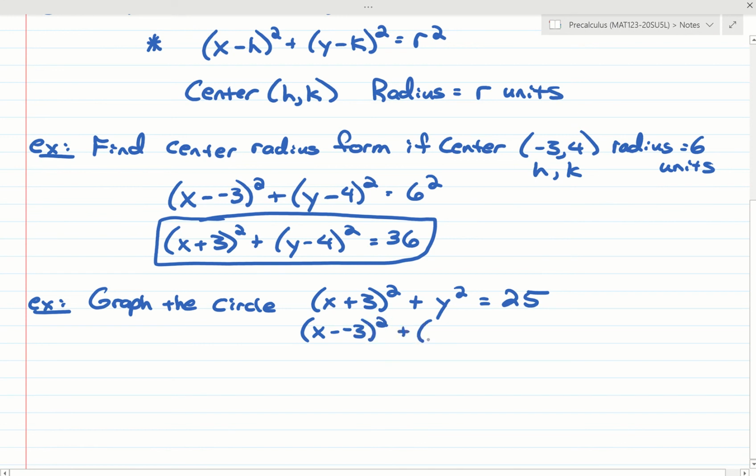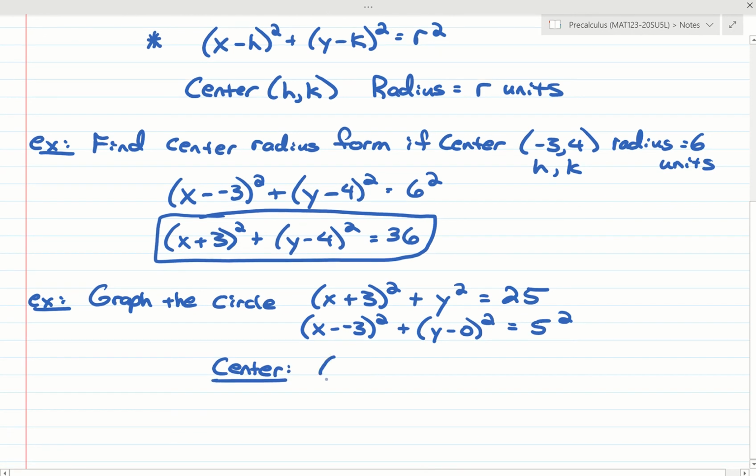And if the y is by itself, it's really just subtracting 0. 25 is 5 squared. Generally, when I'm doing these kind of problems, I always look to find the opposite of what's inside the parentheses. So if it says plus 3, the center coordinate is going to be -3. If there's no other number in here, it's just 0. And we know that our radius would be 5 units.